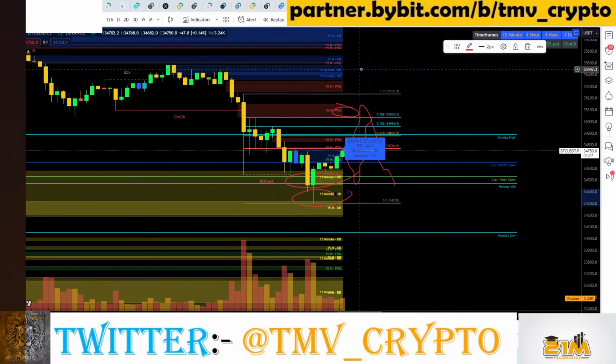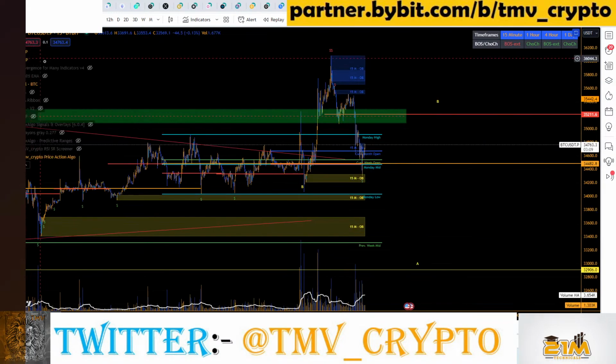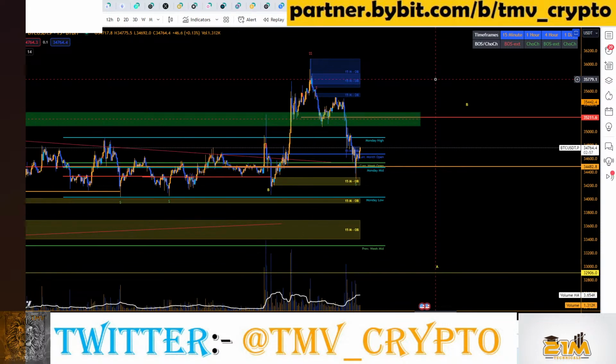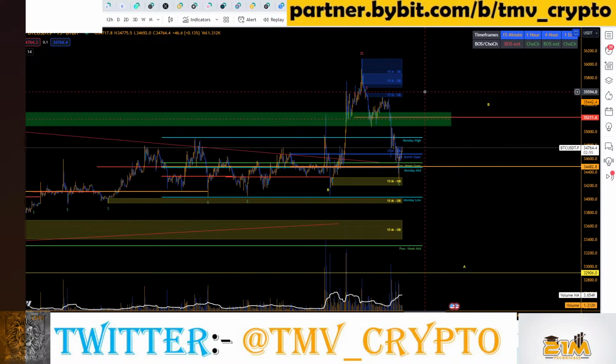That's going to be very, very helpful in identifying it in real time. Now, the divergence indicator is also going to be released to the premium members. Currently everybody is using the divergence indicator, Divergence for Many Indicators by LonesomeBlue. But the indicator that I have made has a very different logic, and the concept is slightly different. So I'm going to give that access to everyone as well.